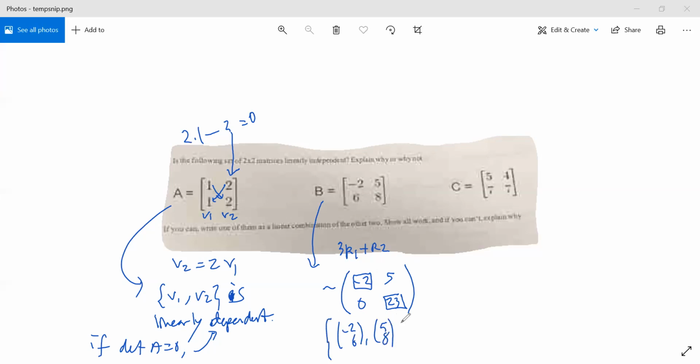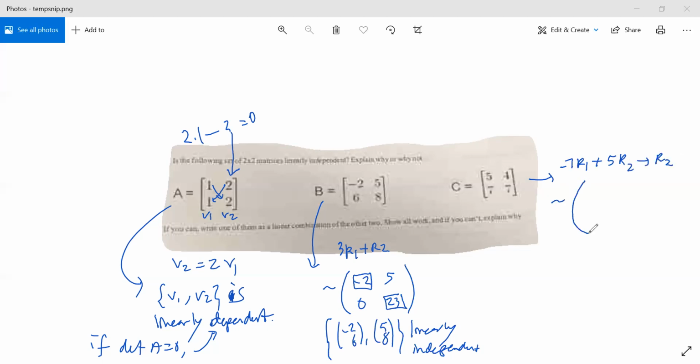So this is linearly independent. You can do the same thing here. Try to reduce this matrix to a row reduced echelon form, and I can just do this. I can do 5 times row 2 added to negative 7 times row 1, and put my answers in row 2.